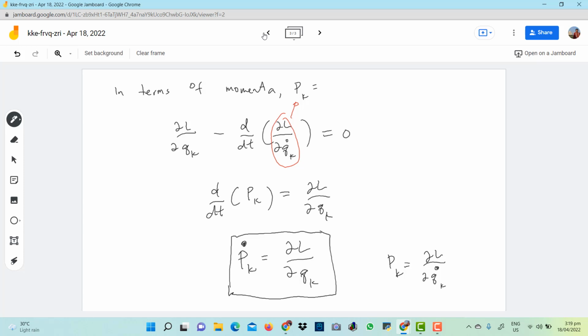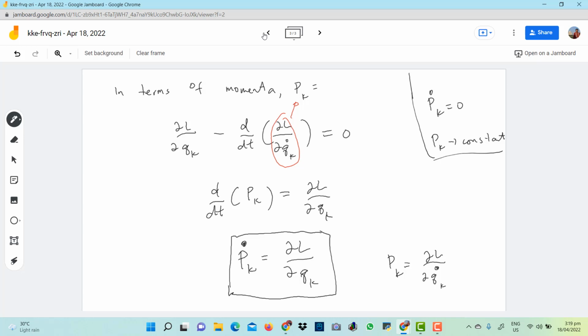If pk dot is 0, it means that pk is constant. The momentum is constant. Pk dot becomes 0 when your Lagrangian is independent of your coordinate q. So it is now readily apparent that if the Lagrangian does not explicitly contain the coordinate qk, then pk dot is equal to 0.